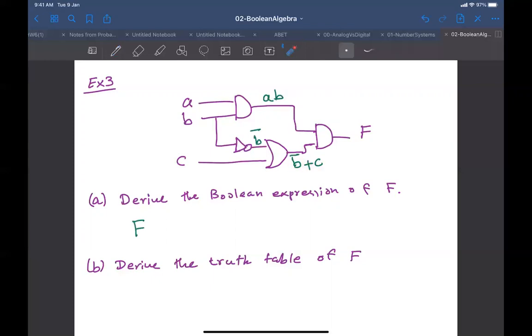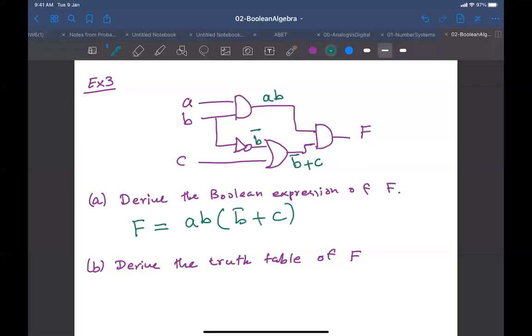But because of the precedence, we have to surround this by a bracket because it's calculated together. So it equals AB ANDed with (B complement OR C).